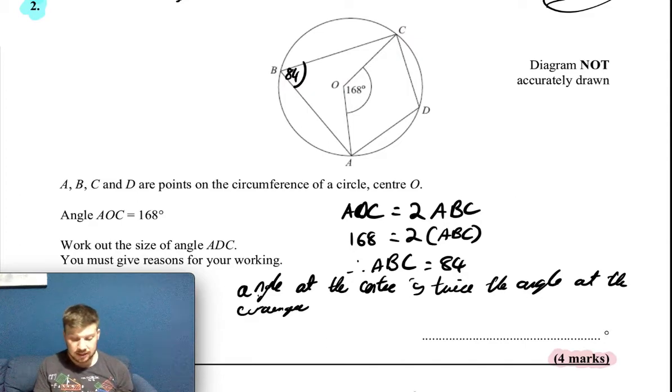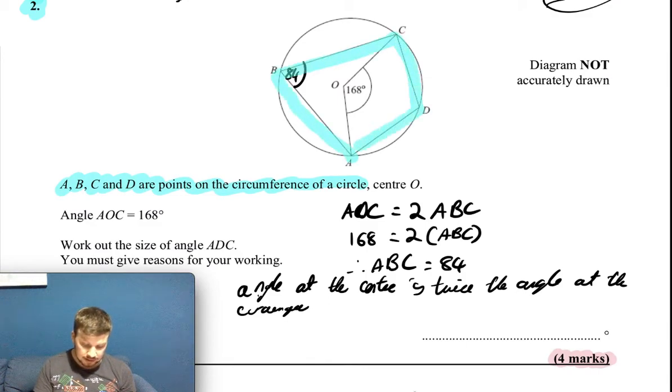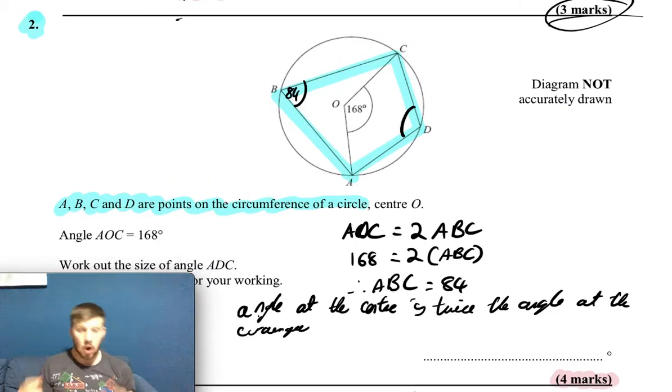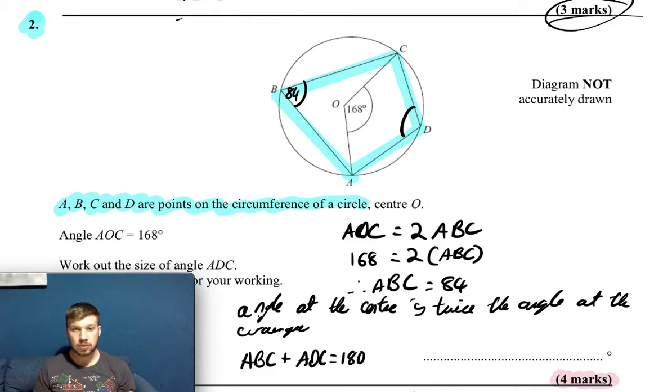Okay, so carrying on, I'm just going to go over my highlighted sections. I'm now thinking back to this first point they told me, A, B, C, D are points on the circumference. So, A, B, C, D. I have got a cyclic quadrilateral. You should know that opposite angles in a cyclic quadrilateral sum to 180. So, ABC plus ADC is equal to 180.